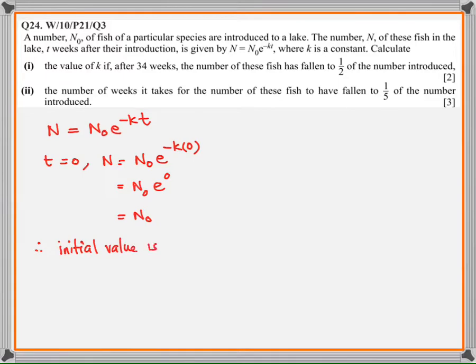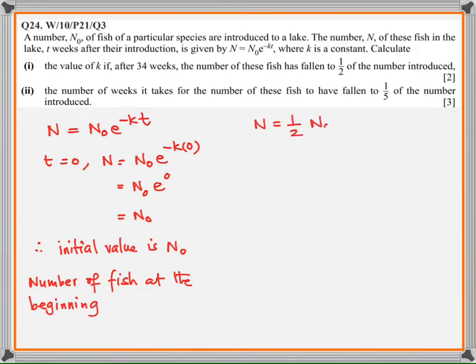So the value of n would be half n naught, and we are looking for the corresponding time. So the number of fish has fallen to half the original value in that lake. So half n naught is n naught e raised to the power of minus k into t.